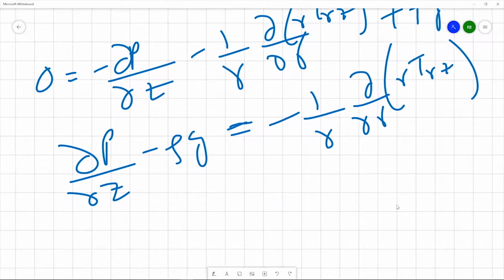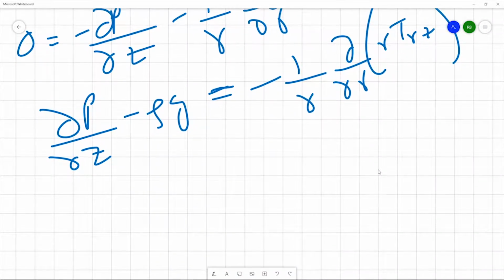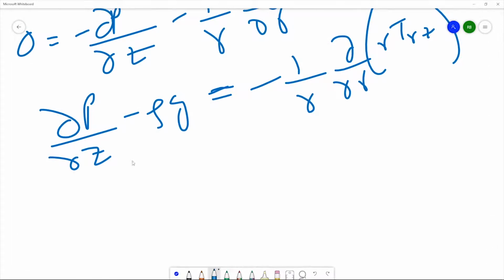Okay, so now you can integrate this equation. We have two variables here. So what we'll do is, definitely tau r z is not a function of z, right? So you can integrate separately. However, you can directly put dou p by dou z, which is definitely the pressure gradient in the z direction, right?